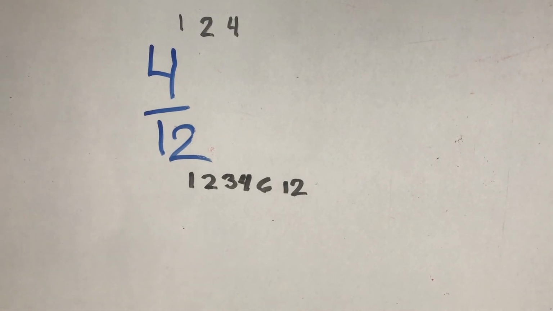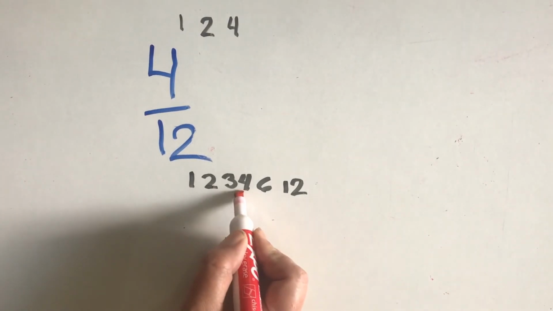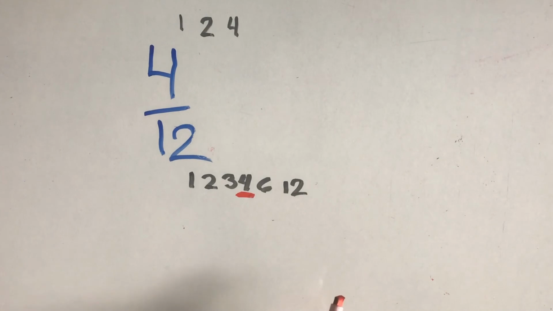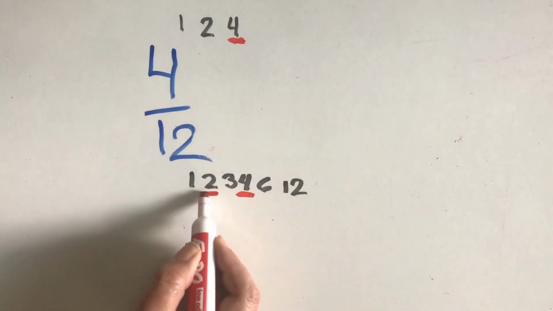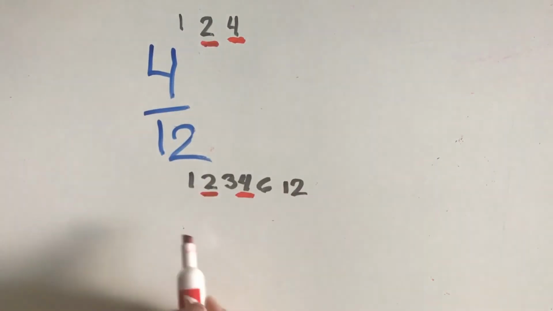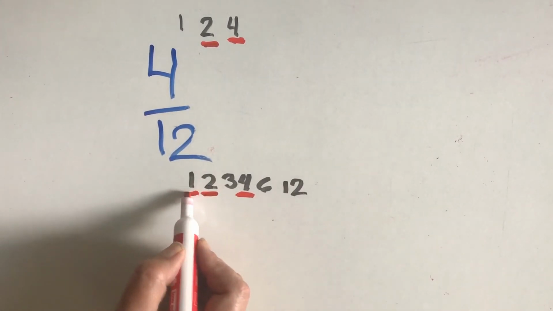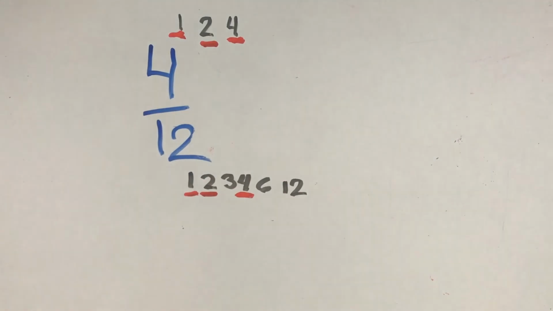If I want to simplify fractions in the fastest way possible, I look for their greatest common factor. I can see that 4 is a factor of 12, and 4 is also a factor of 4. As we discussed before, they already have the common factor of 2, and every number would have a common factor of 1.